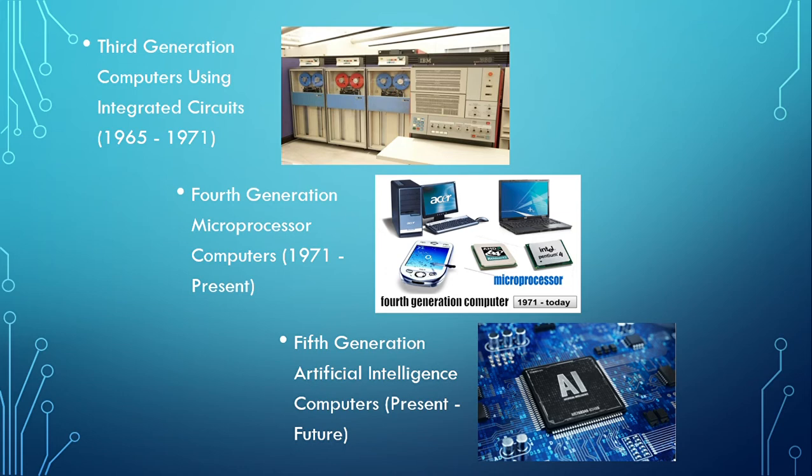In the history of computer development, the development of this fifth generation of computer is intended to produce computer devices that can respond, use the language used by humans, and are expected to be able to study the environment around them and adapt themselves.